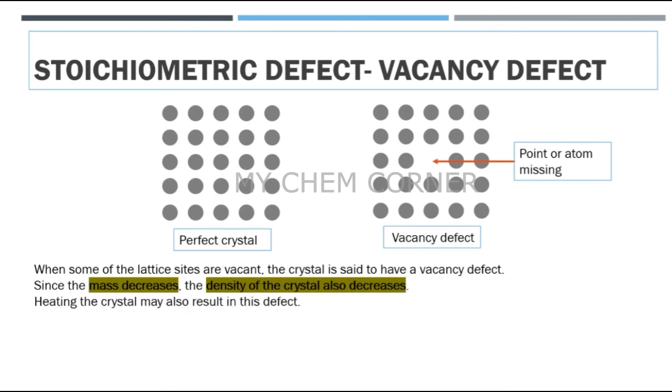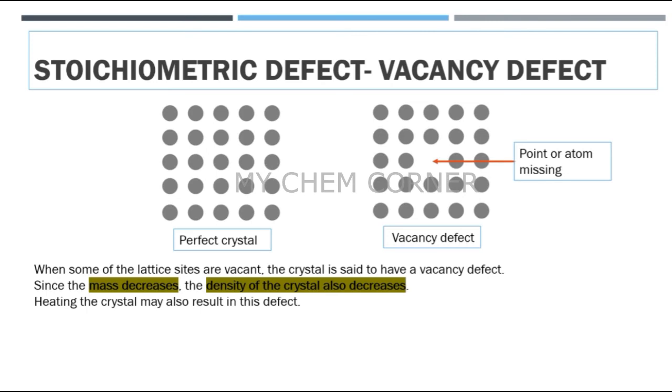When you start heating them, these points can go missing. It moves out of the crystal and a vacancy is produced there. The mass reduces and the density of the crystal decreases. So that's the first type of stoichiometric defect.